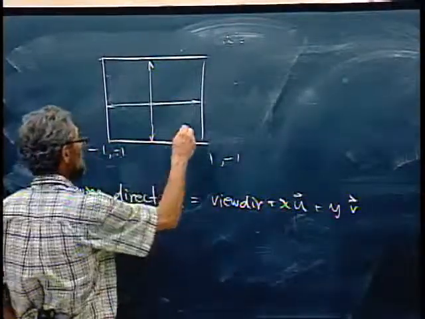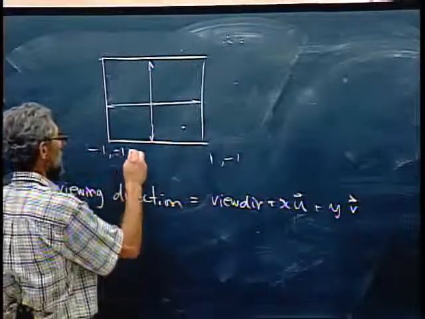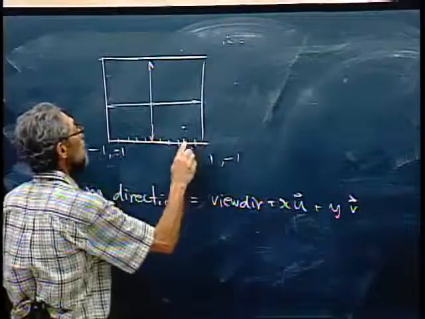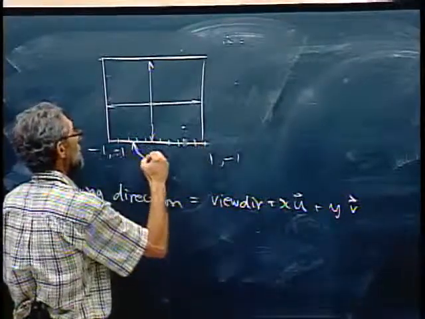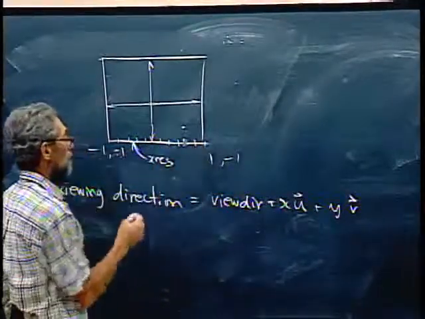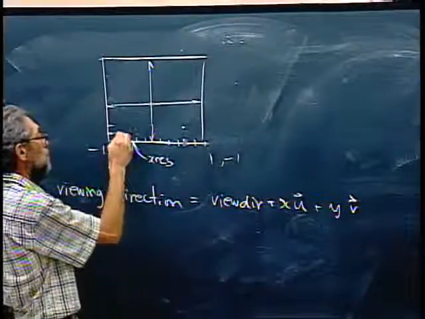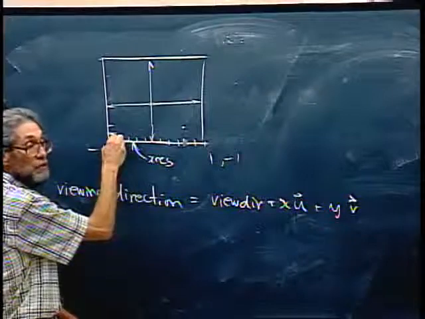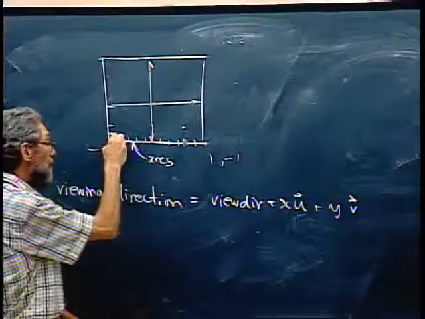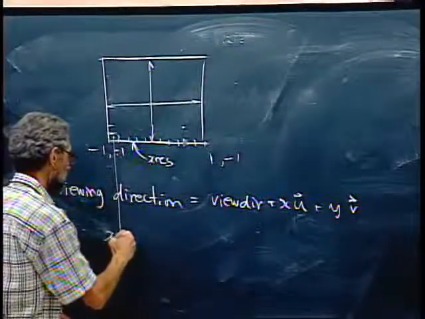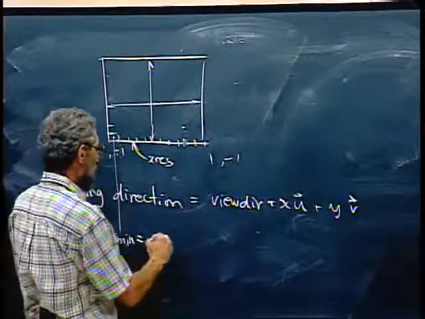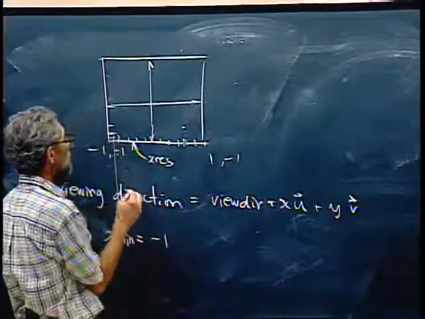Okay, so how do you find x and y if you have a pixel? Basically, you know that this x-axis is divided into equal pieces, and there are x res of them. Similarly for the y. If you have square pixels, you want to find the ray through the pixel center. So the ray through the first pixel center is x min, which is equal to -1 plus half the width of the pixel.